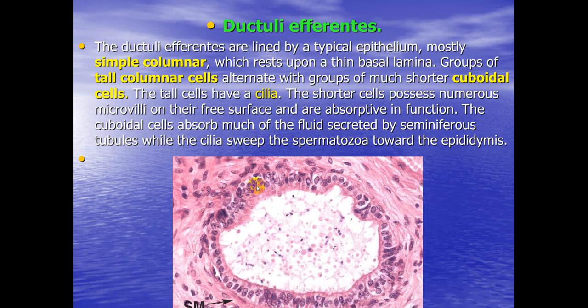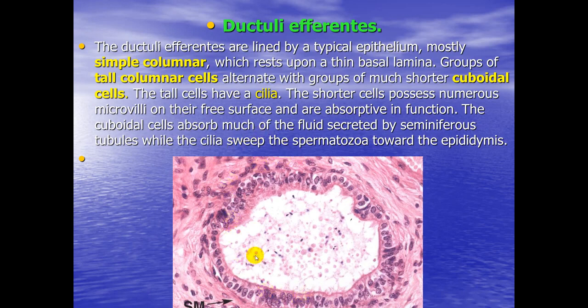with cilia. You can see that these cells form a group on the basal lamina, and they have long cilia. The second type of cells are low cells, cuboidal cells. You see low cuboidal cells, and these cells have microvilli on the free surface, and also form a group.